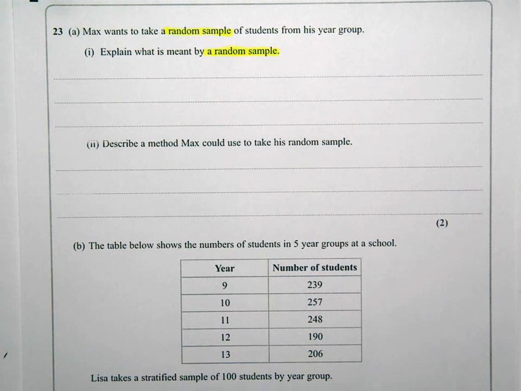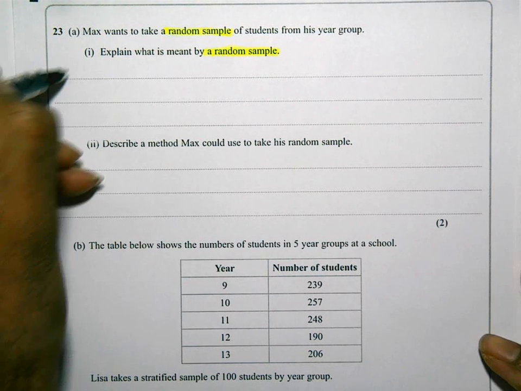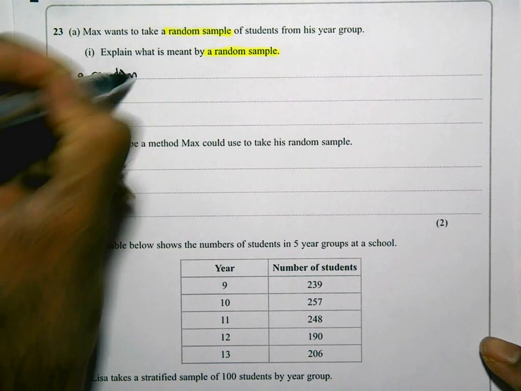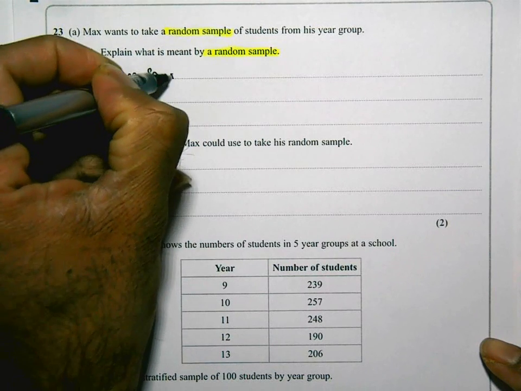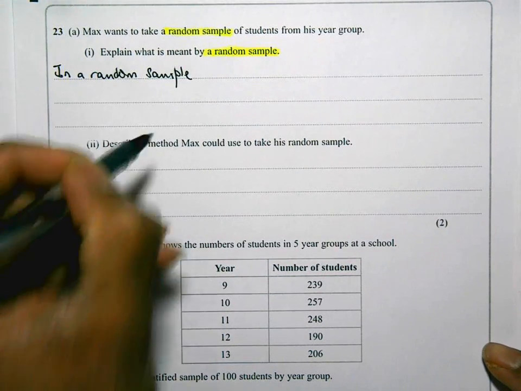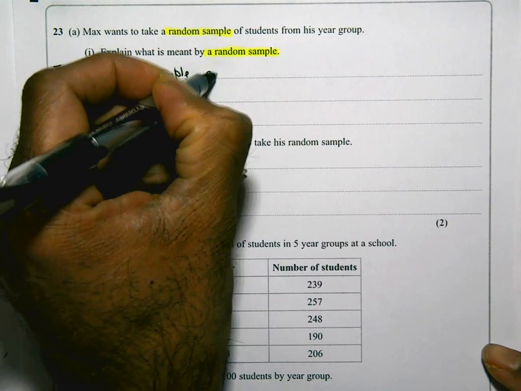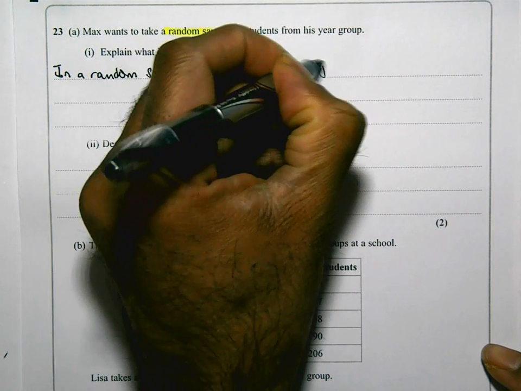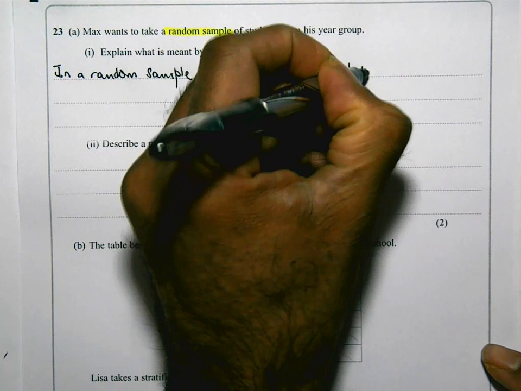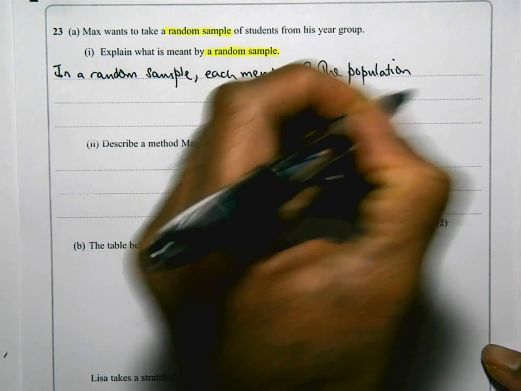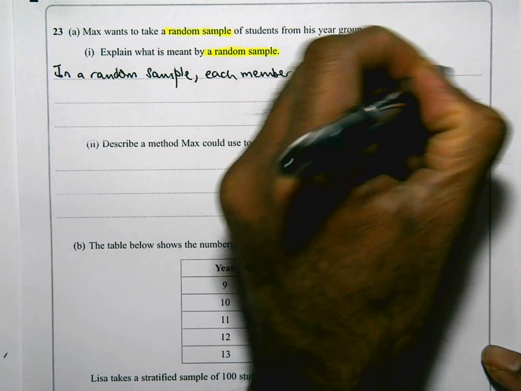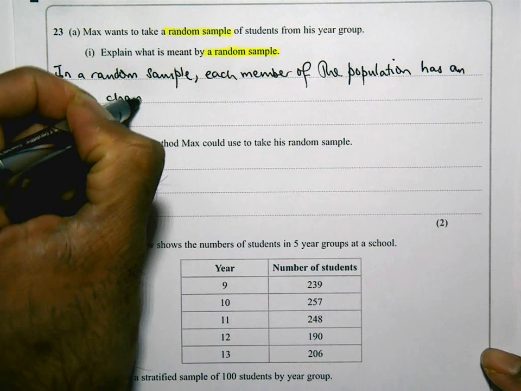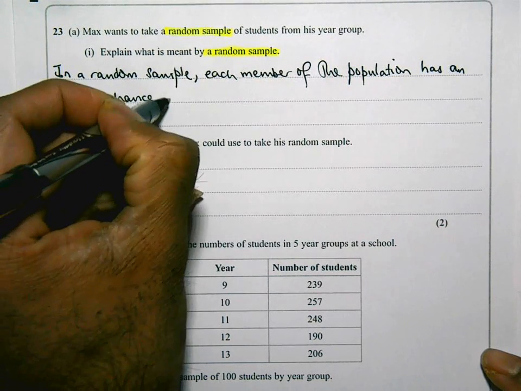You should know that in a random sample, each member of the population has an equal chance of being selected.